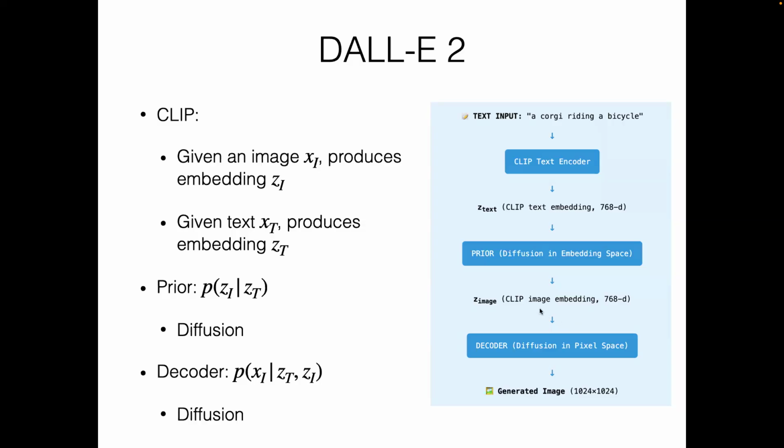Maybe this model is somehow determining the semantics of the image, and then this model, you can train it to produce really large images or something like that. So maybe that's one reason for having two models. You could imagine maybe just trying to build one model, but this is what they did here. Then you can also train this with diffusion to basically take in these two different embeddings and produce an image.